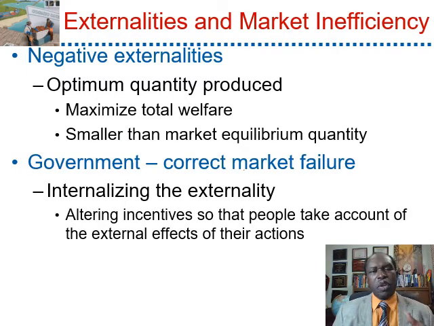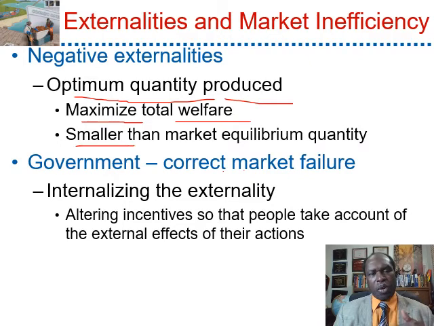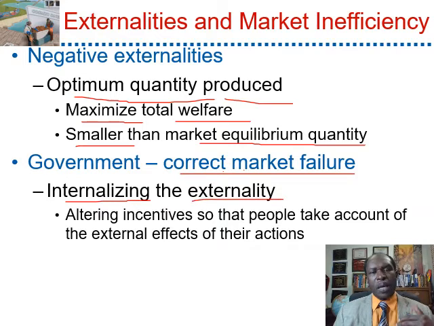So the equilibrium in the market leads to the optimum quantity produced. So this equilibrium determines the maximum total welfare, and the optimum quantity is less than the market equilibrium quantity. So to correct for the market failure, the government can internalize the externality by attaching incentives so that people take into account the external effect of their action.